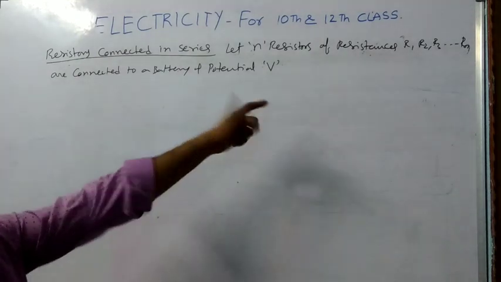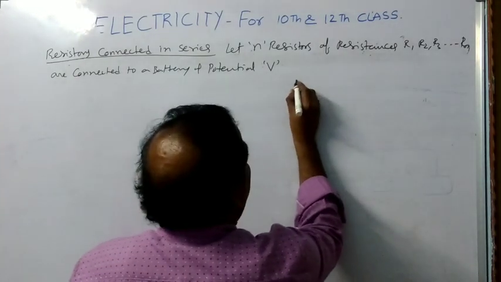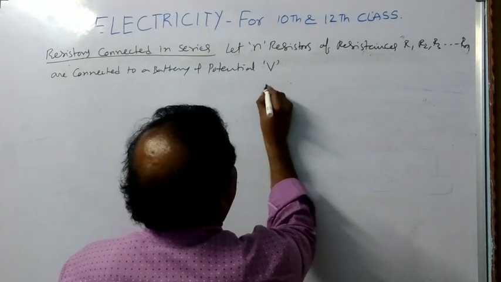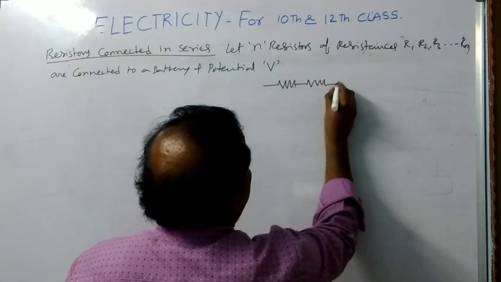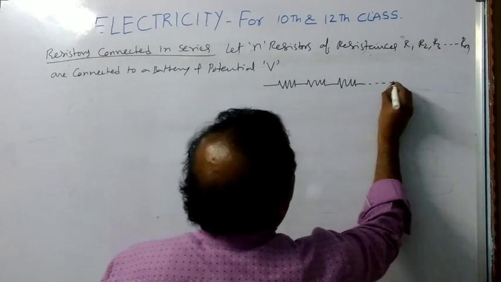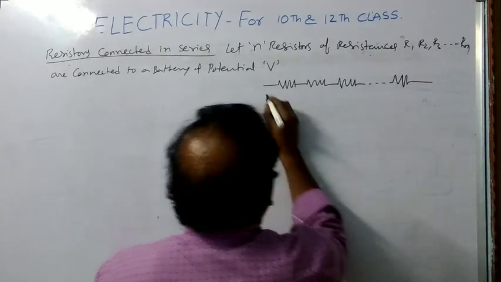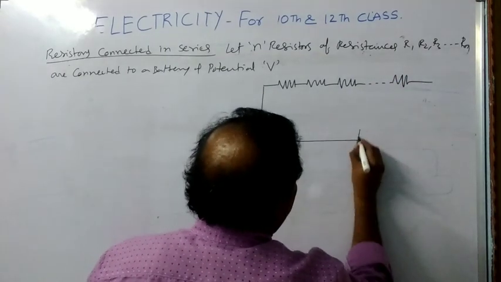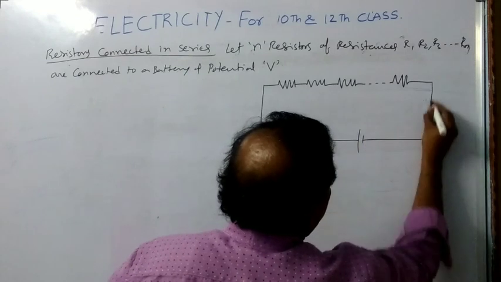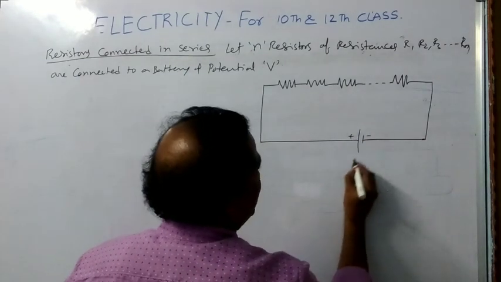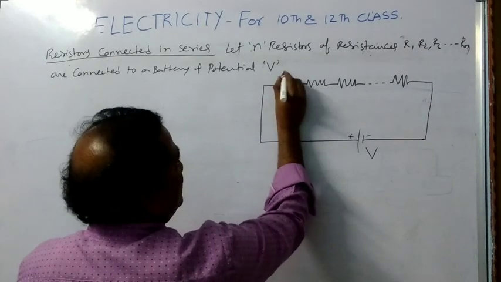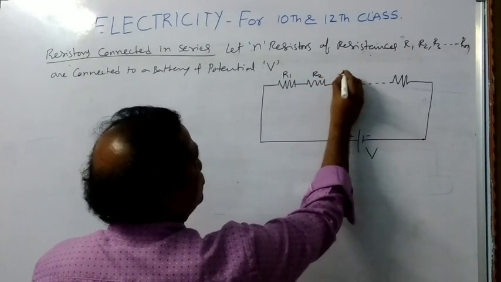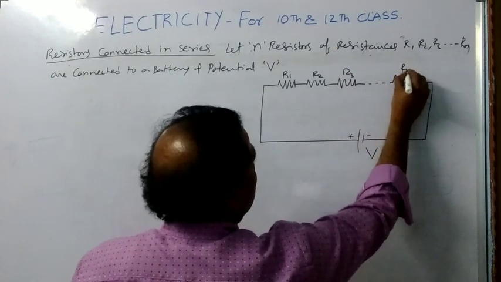So you can draw the circuit diagram. These are the resistors, 1, 2, 3 and so on to n. These are connected to the battery. Symbol of battery, as you know, plus minus. The potential given is V. Now these have resistances R1, R2, R3 and so on to Rn.